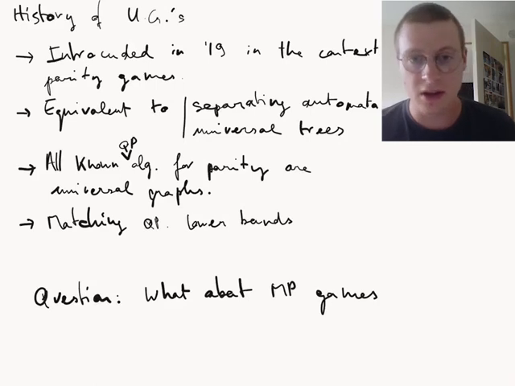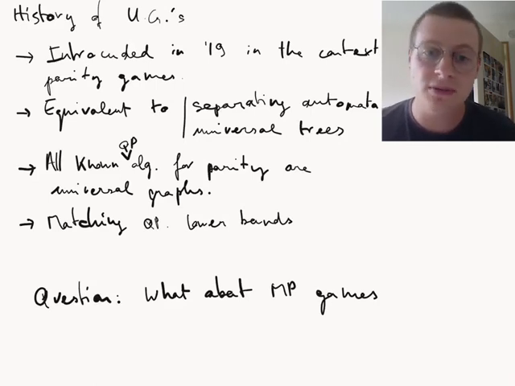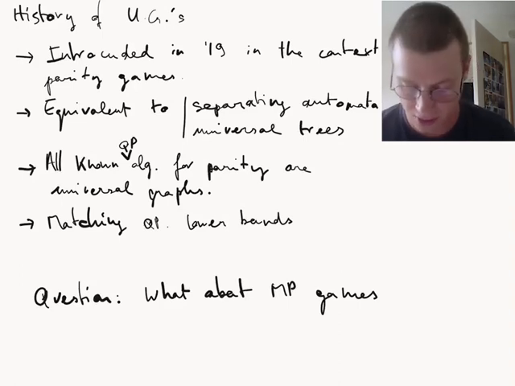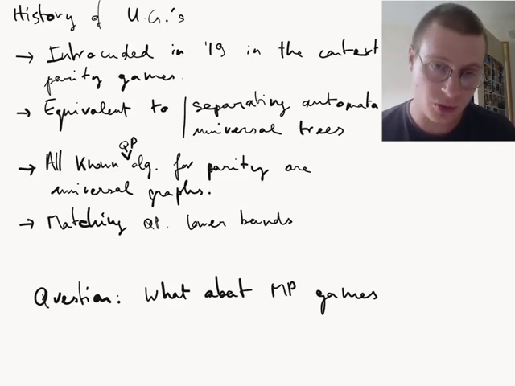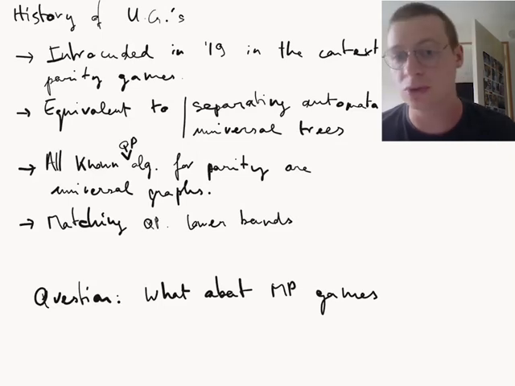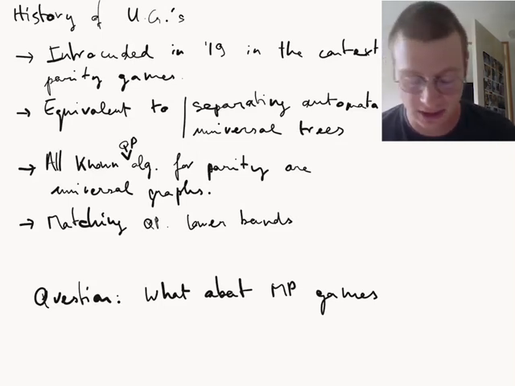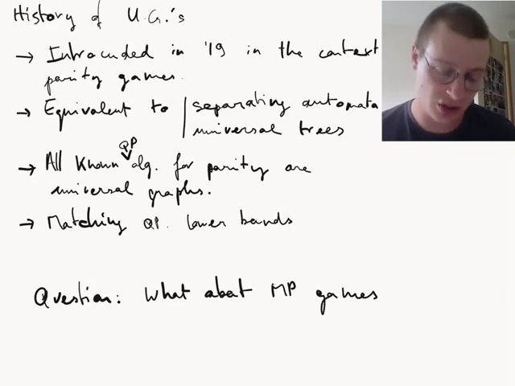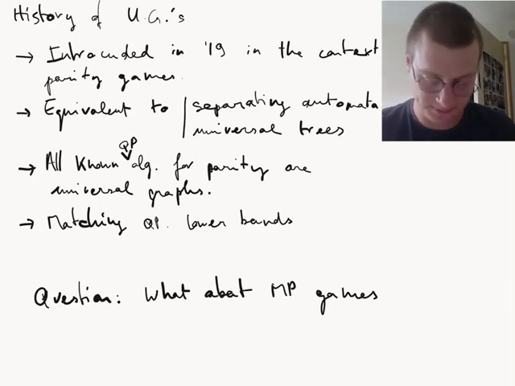The most efficient algorithms can be captured by universal graphs for mean payoff games, and we also have a matching lower bound. So we know that in order to do better than this complexity, we should do something which is not captured by a universal graph.